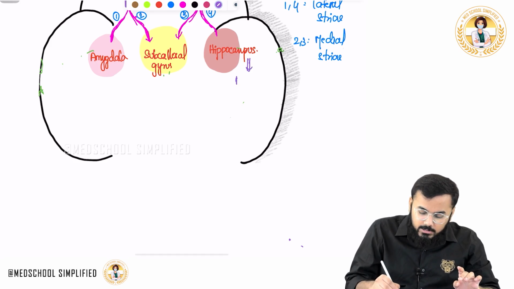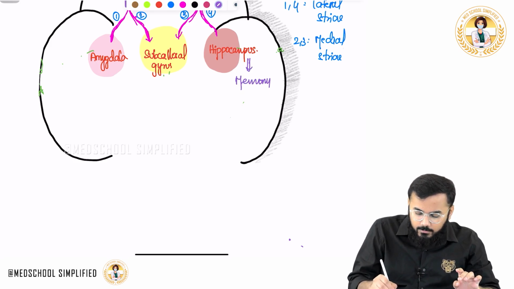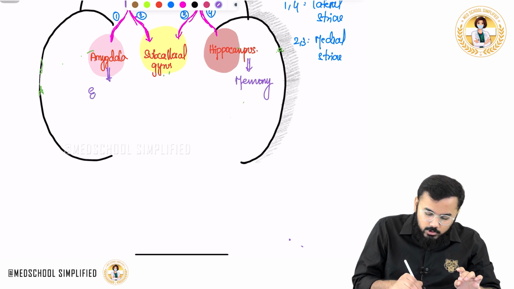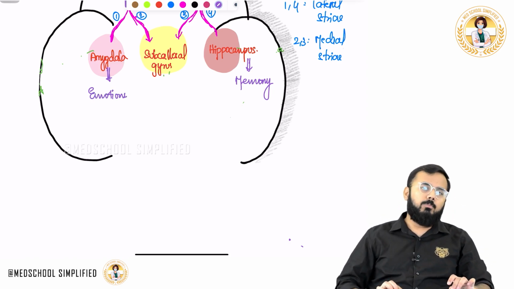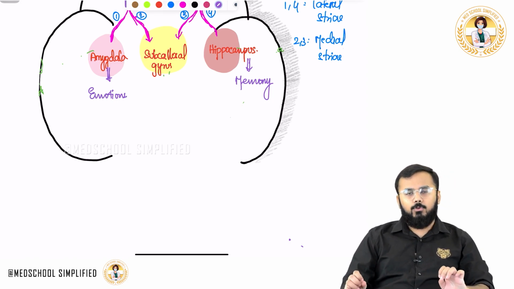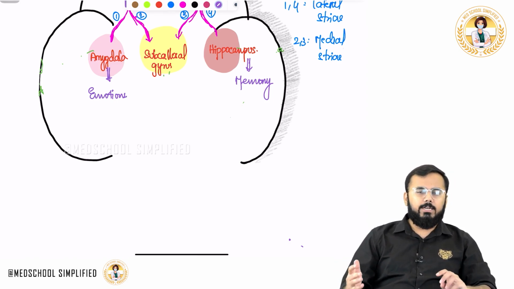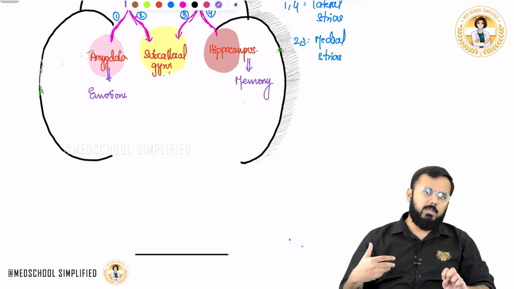The functions you will study in detail in physiology, but very briefly I am telling you one thing. You know hippocampus is responsible for memory. You know amygdala is responsible for emotions. For example, you have smelled a food. Whether you eat it or not is different; that is a taste pathway, a different pathway.